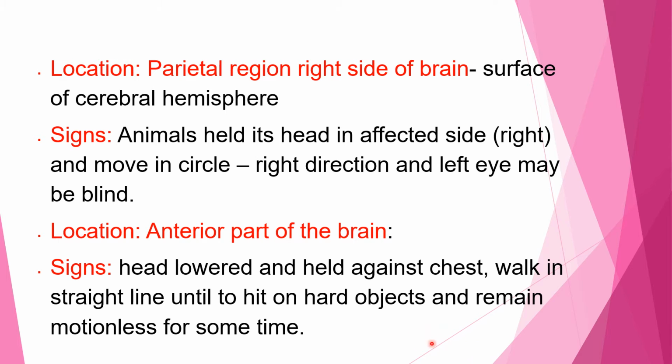Then the animal remains motionless for some time. These are the characteristic symptoms observed when the anterior part of the brain is affected. Head is held lower down against the chest, walking in a straight line until it hits certain objects, then it remains stopped there for some time.